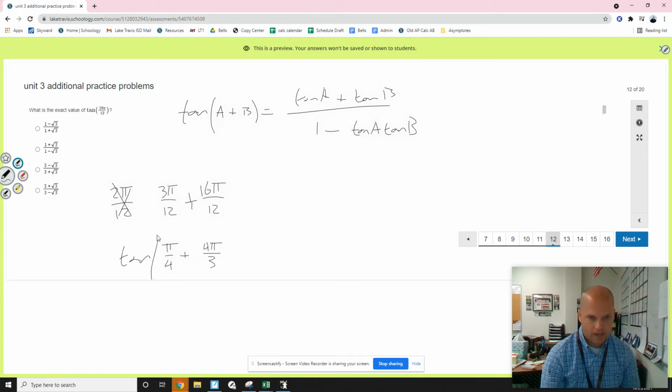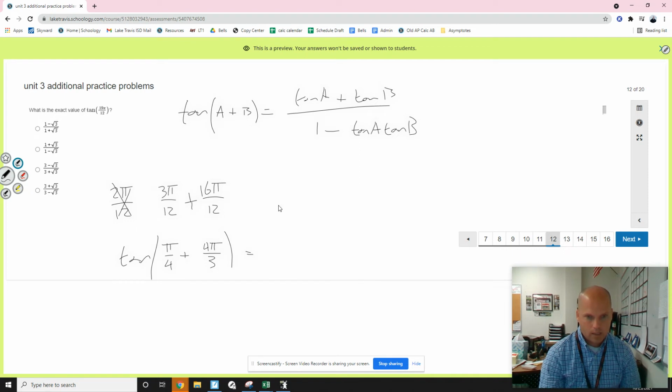So it turns out you can rewrite it like this: tangent of pi over 4 plus 4 pi over 3 is the same as tangent of 19 pi over 12. And you just have to keep working through different pi over 12s that do simplify, that turn into angles that you know the tangent of.